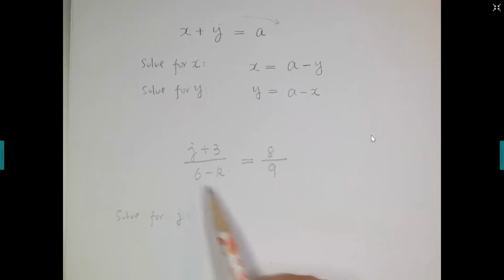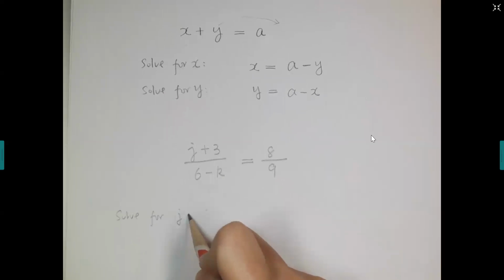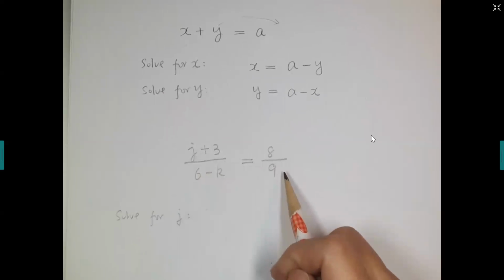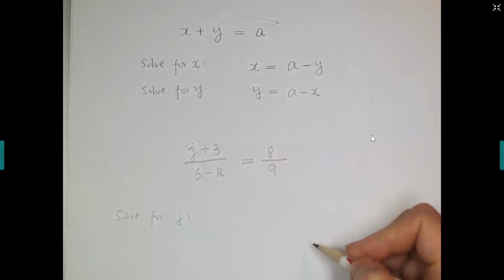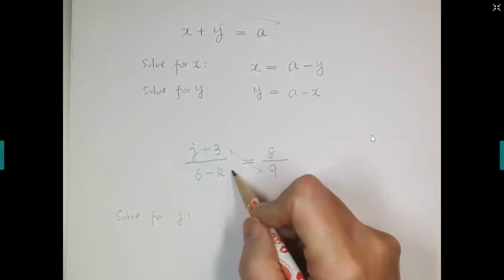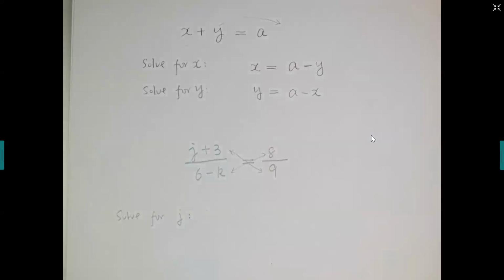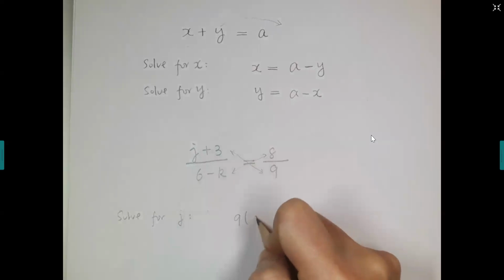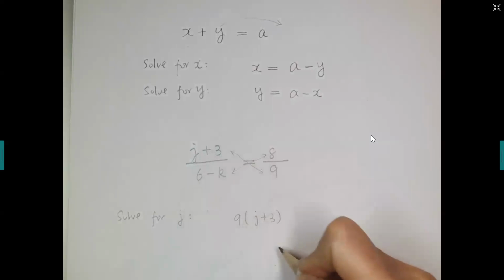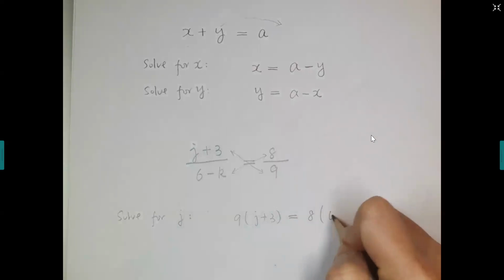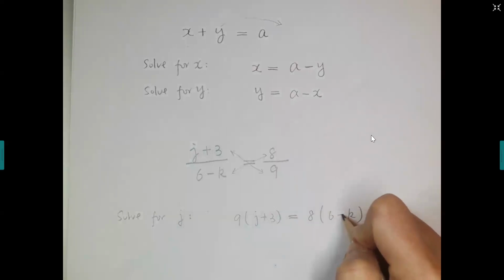For any rational equation, if I have the format of one ratio equals another ratio, the best way to deal with that is to do the cross multiplication. The cross products should be the same. And then I have 9 times j plus 3 equals 8 times 6 minus k.